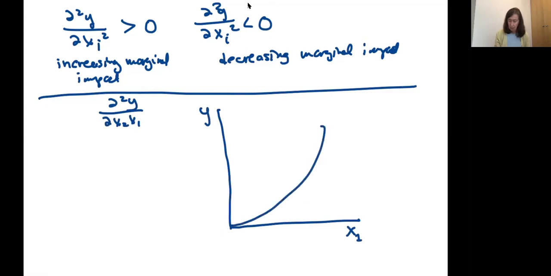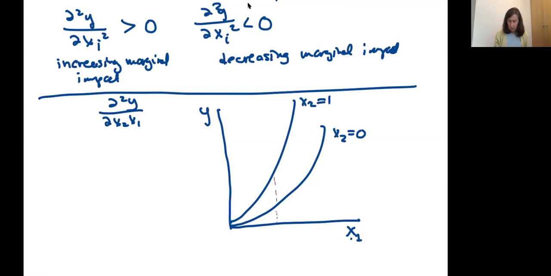And so if I had x2 equals 0, that is the curve holding x2 constant at 0 that tells us the relationship between x1 and y. And this would be the curve for x2 equals 1. And you can see the way I drew this here.